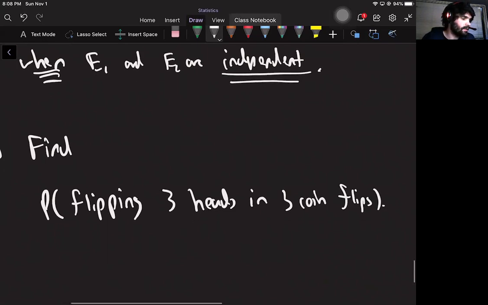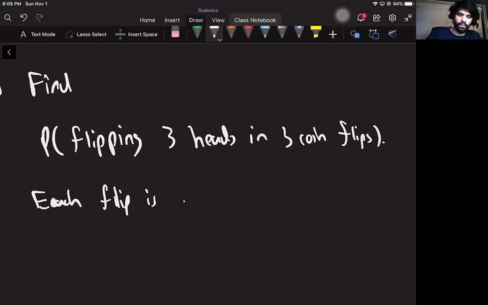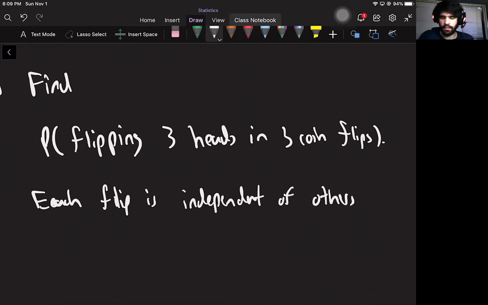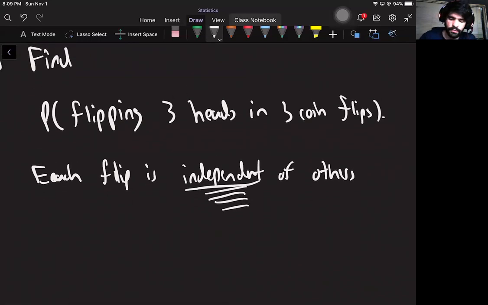Well, the idea is that each flip is independent of the others. If I flip a coin and it's heads, then when I flip it again the second time, it doesn't matter that the first one was heads. It doesn't affect what the second one will be. So each flip is independent of the others.